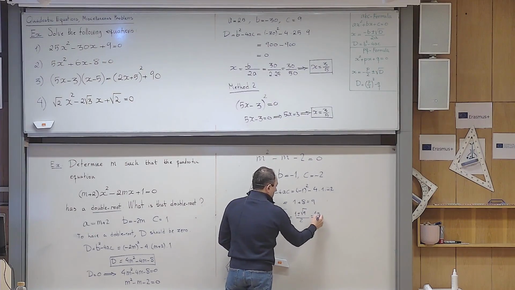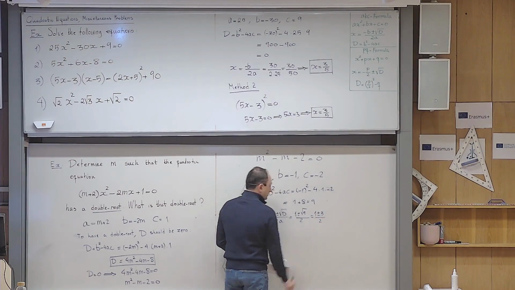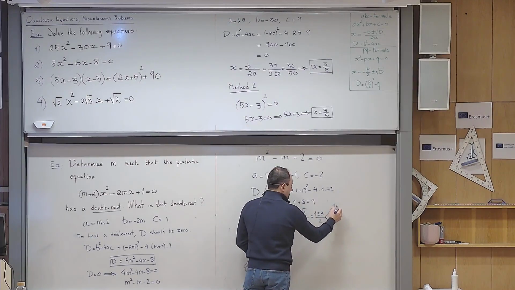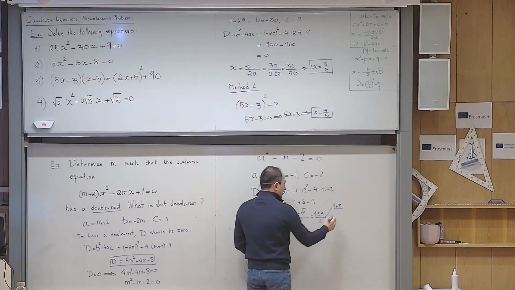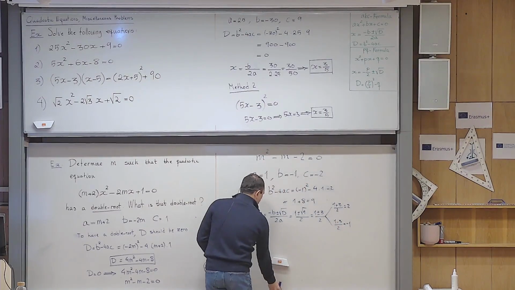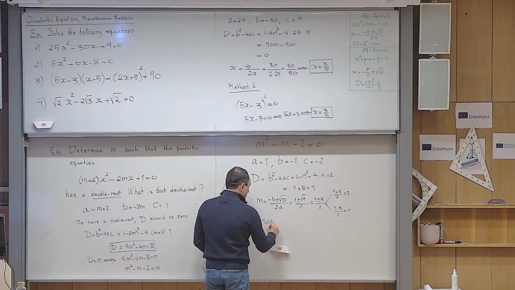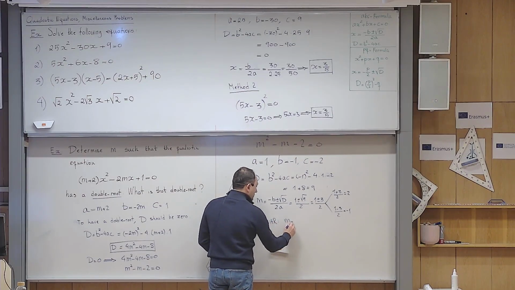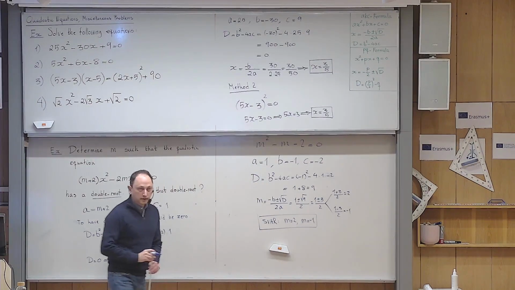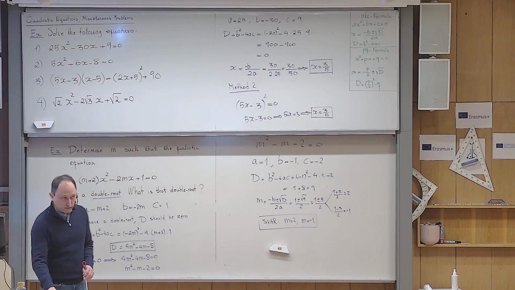So then it becomes 1 plus or minus 3 over 2, because the square root of 9 is 3, and then I have two answers. 1 plus 3 over 2, and 1 minus 3 over 2. So this becomes 4 divided by 2 is 2. This becomes minus 2 divided by 2, minus 1. So the answers are what? m is 2, m is minus 1.